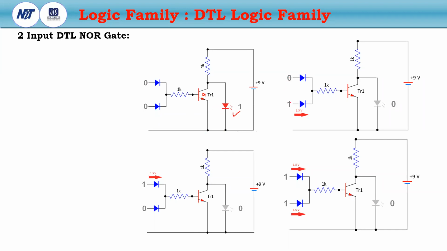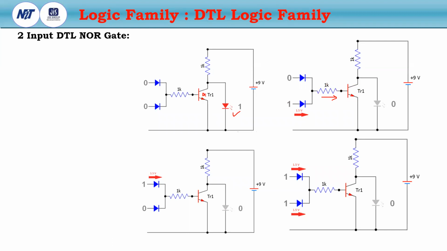If any one 0 exists here, or any one diode is forward biased, then what happens? The current will flow through this base resistance and the voltage drop will occur, and it will drive the transistor TR1.